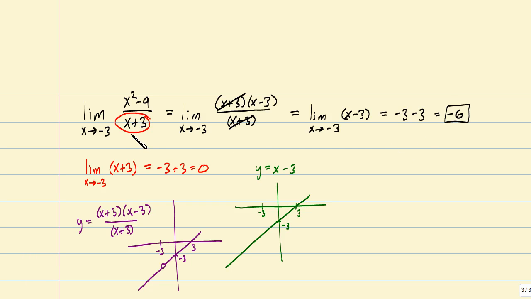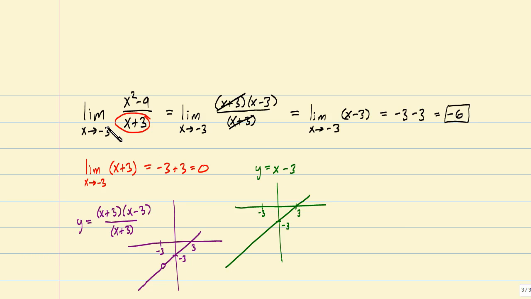Graphically, however, remember, when we're looking at this function right here, it graphs like this, right? This was just the factored form of this. And we have a hole at negative 3.